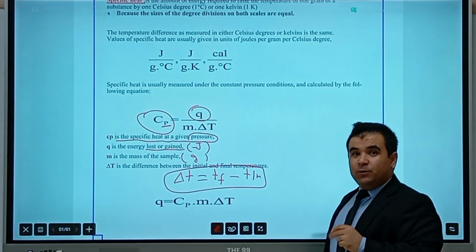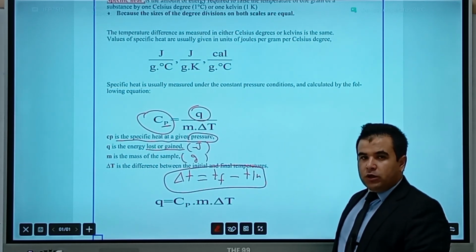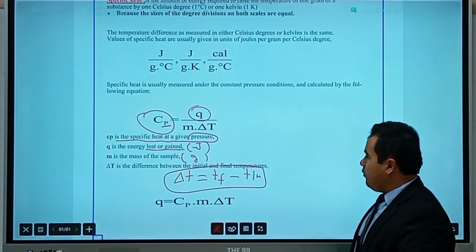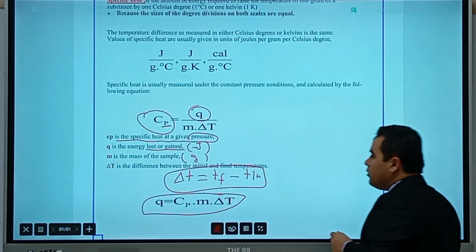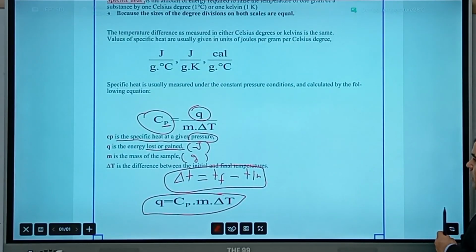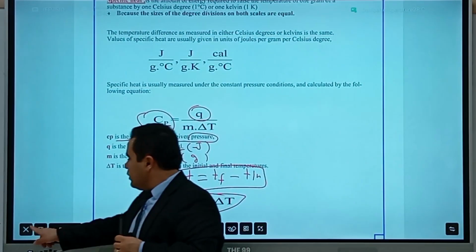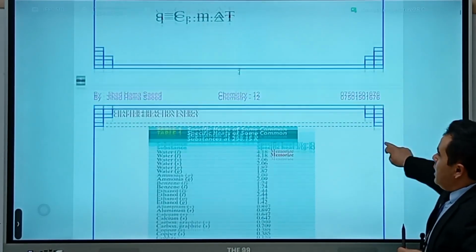The unit depends on the unit of Cp, can be Celsius or Kelvin, but the one that we use more commonly is Kelvin. And to calculate the Q, the heat, Cp m delta T can be used.